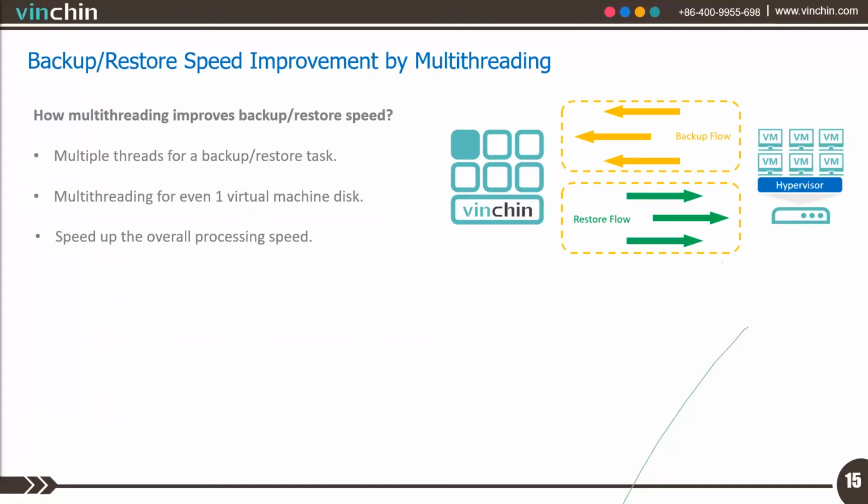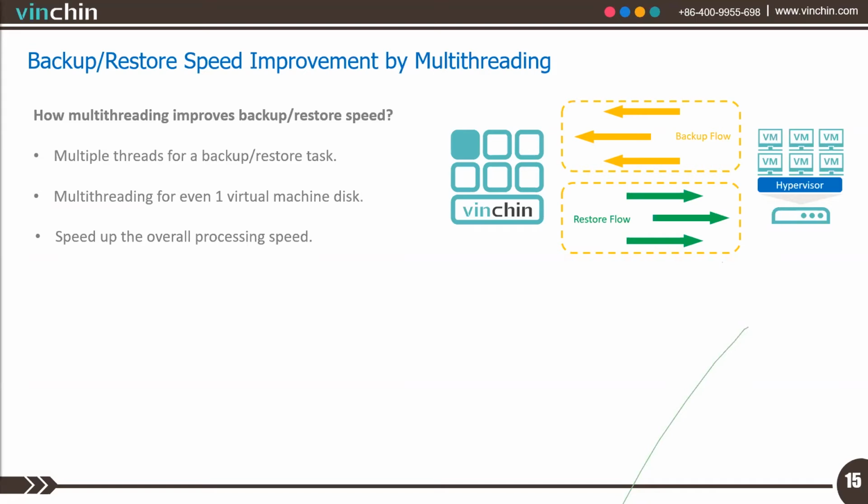Next, backup and restore speed improvements by using multithreading transmission. When performing a backup or restore job, Vinchin Backup and Recovery server will create multiple threads for data transmission of a single job.